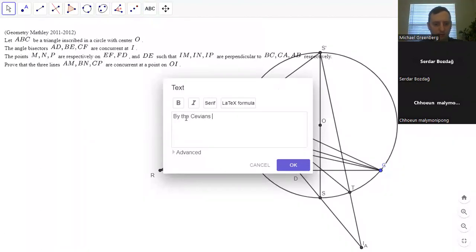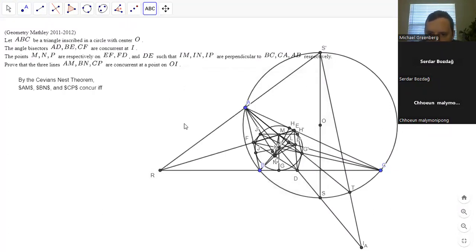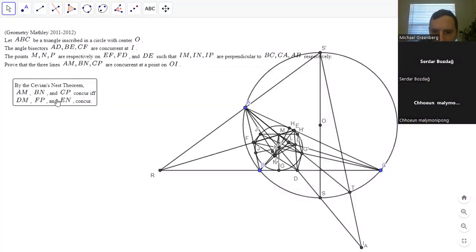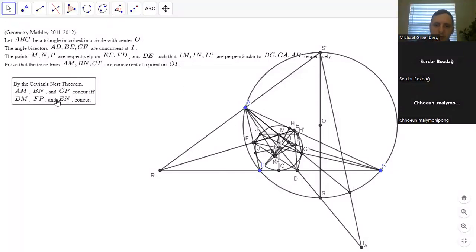Let me know if you need to see the figure. DM/FP, and then FM over ME.